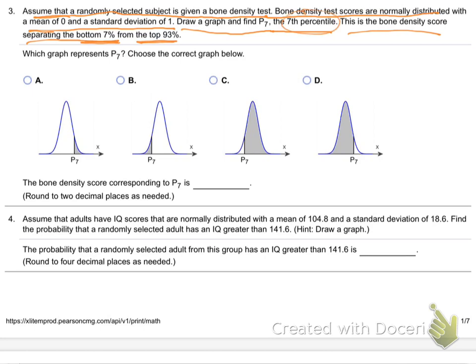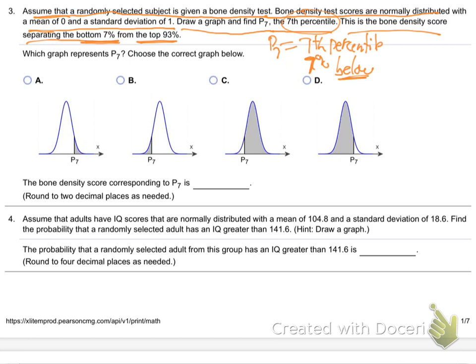We learned that in the first unit of the course. So the P7, 7th percentile, means 7% below. If you score at the 7th percentile bone density, that means 7% of the whole population is below you, has lower bone density than you. The rest of the people, 93%, have higher. You're pretty low in bone density.